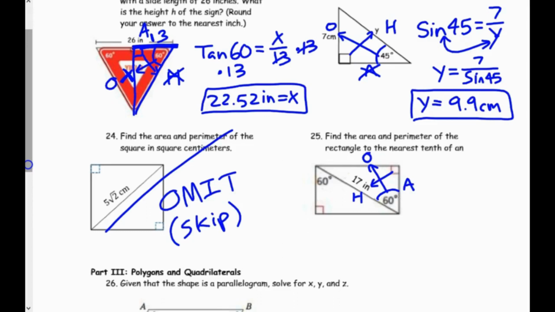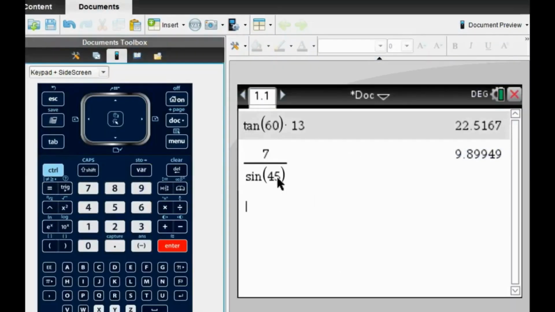I'm going to use OH to figure out this missing side length right here. So OH is sine. Sine 60 equals x over 17, times 17 on both sides. Sine 60 times 17 is 14.72.